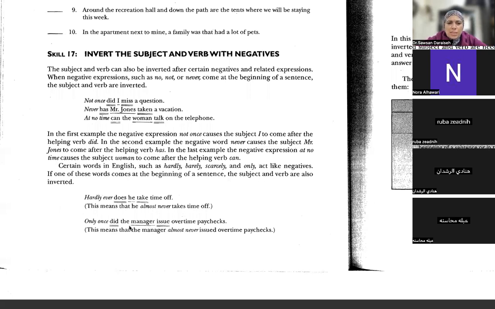So only once did the manager issue overtime paychecks. بس مرة واحدة بحياته. Only once. Did the manager اللي هو المسؤول issue يعني أصدر أعطى overtime paychecks يعني شيكات أو فلوس دفع للموظفين اللي عملوا إيش خدمة زيادة.